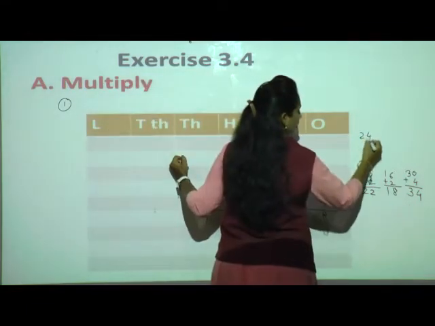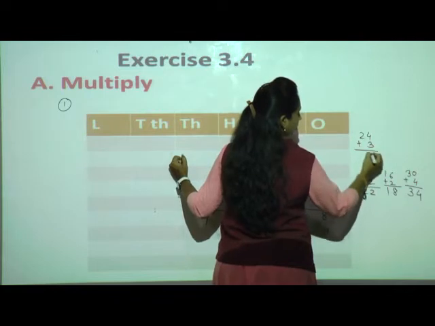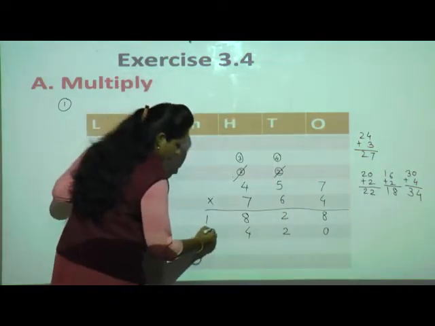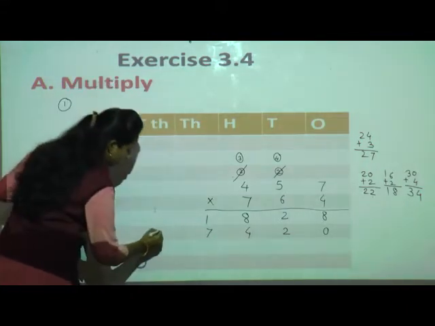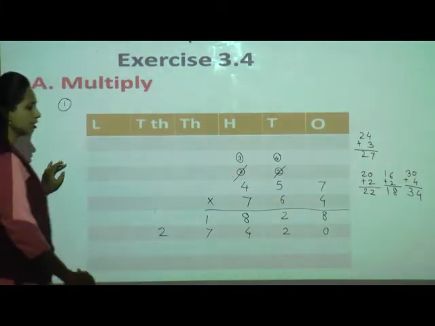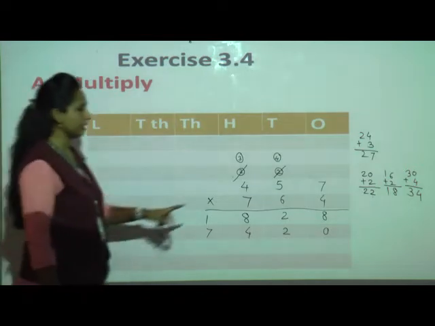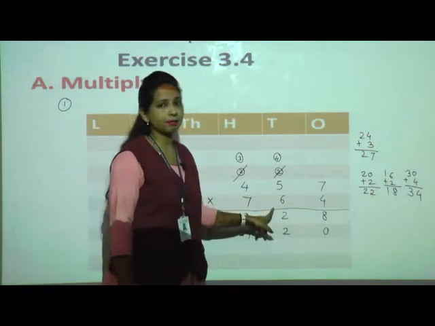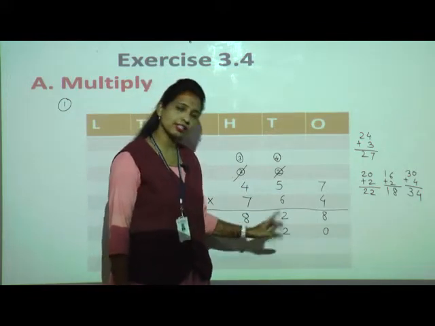See, 4 plus 3 is 7 and 2. 27. So 7 will come on the thousands place and 2 will go on the ten thousands place. Here we have completed the multiplication of 457 multiplied by 6 tens, or you can say 60.